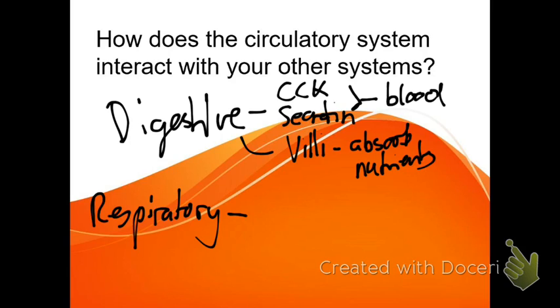You know that your circulatory system is needed to carry around the oxygen and the carbon dioxide. Okay, if you don't have blood, your respiratory system is kind of pointless. So our circulatory system ties a lot of our other systems together. It is what unites them. It's the road through which all other materials will travel.